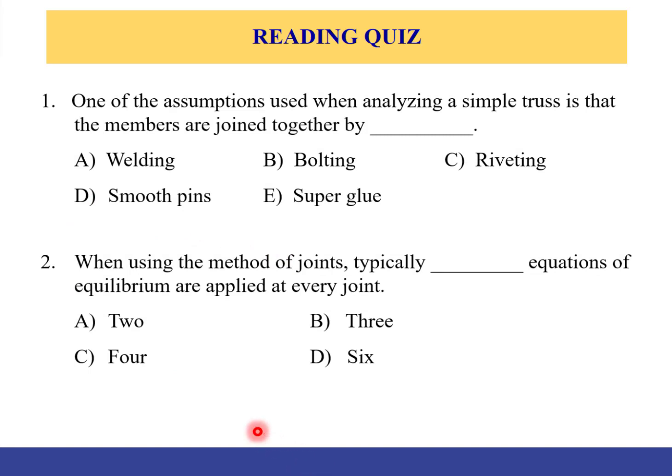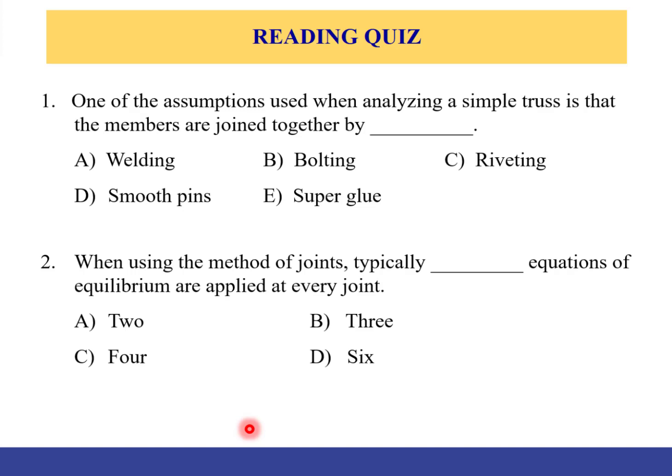Also, when we use the method of joint, typically two equations will be coming out of that: summation of forces in x equal to 0 and summation of forces in y equal to 0. These are the scalar equations that will be necessary for you to apply at every joint in order to solve for the unknown forces.